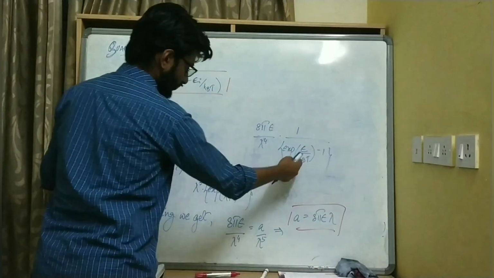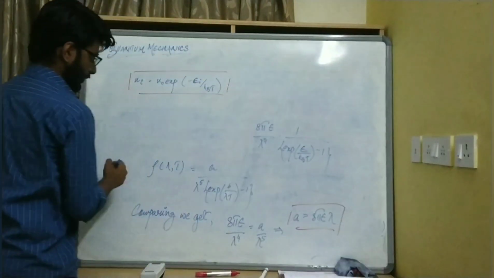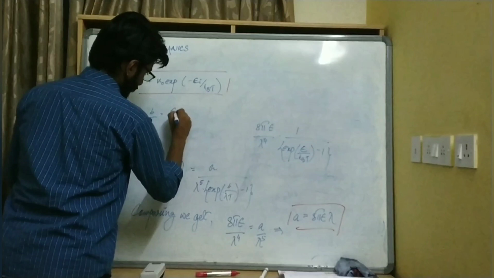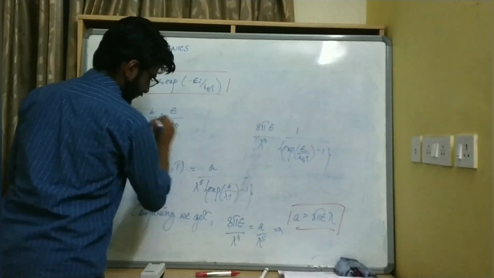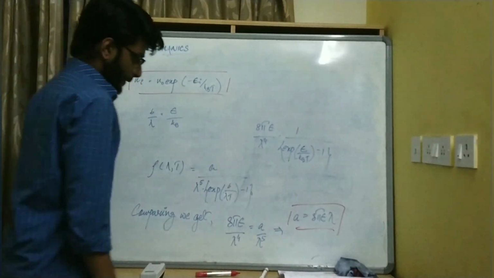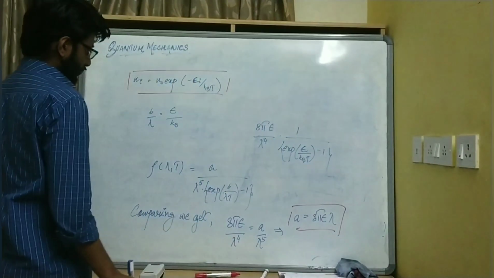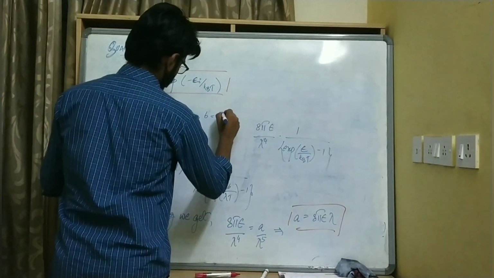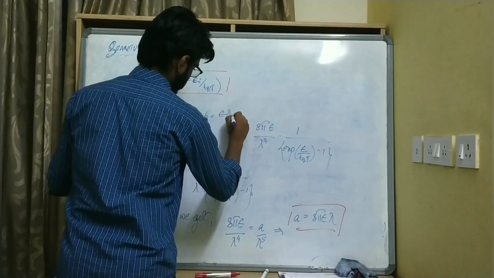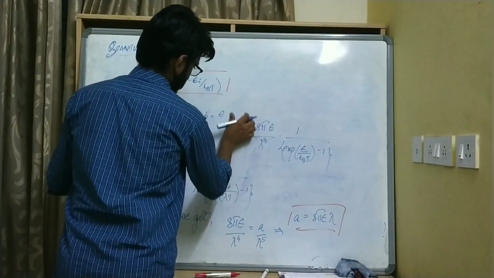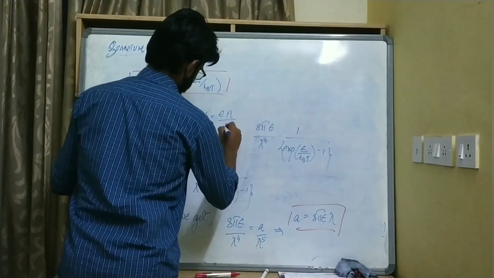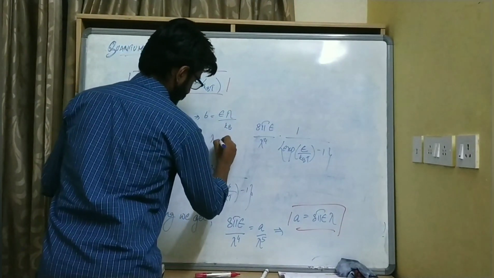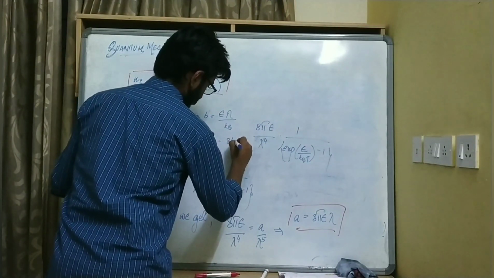So B by lambda T is epsilon by kBT, so B is equal to epsilon lambda by kB, or lambda is equal to 8 kB by epsilon.